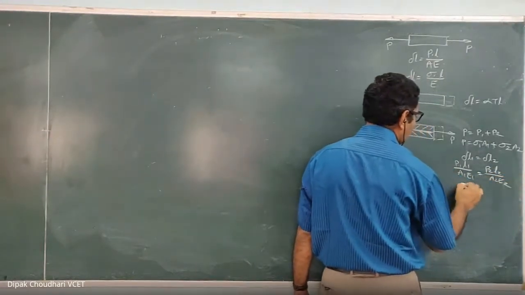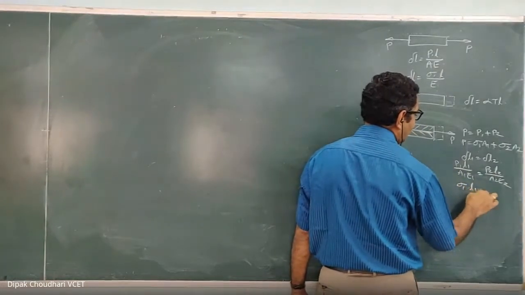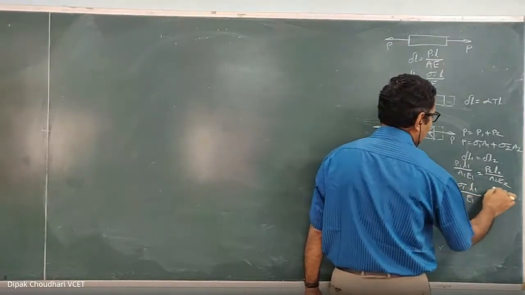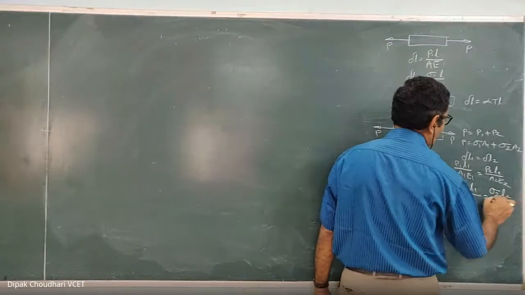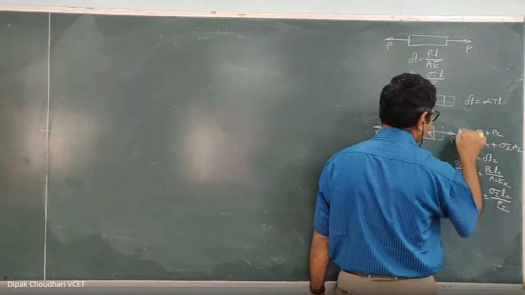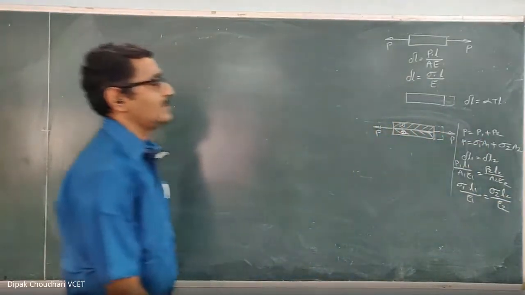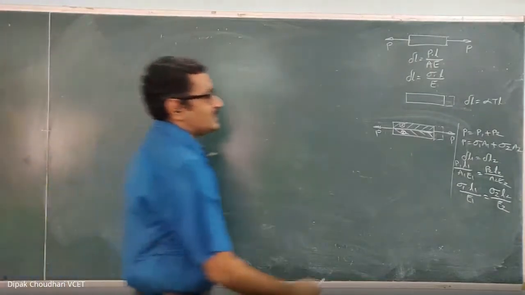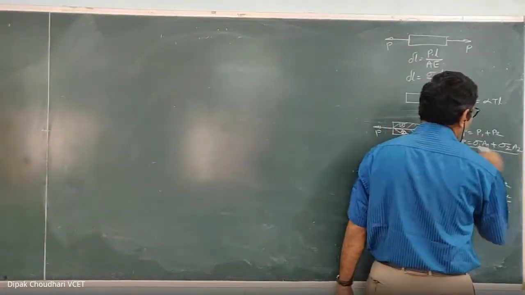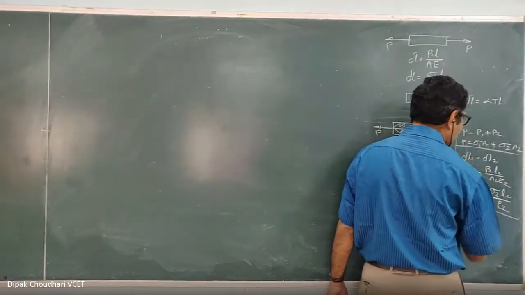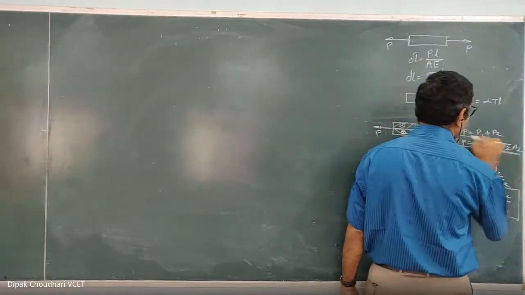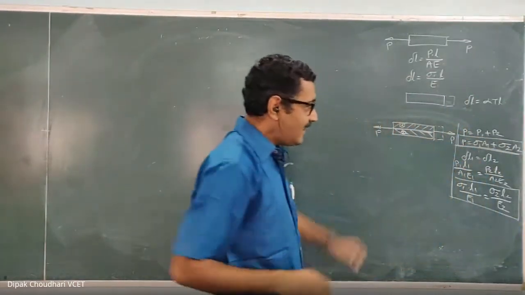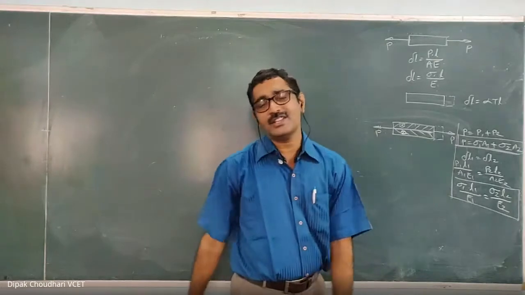Or in terms of stress, it is sigma 1 into L1 upon E1 equal to sigma 2 L2 upon E2. Okay, so this way we can calculate the stresses in this composite material because of some external applied force. If you solve these two equations, you will get the stresses in these two different materials. But these are the stresses because of the external applied forces.